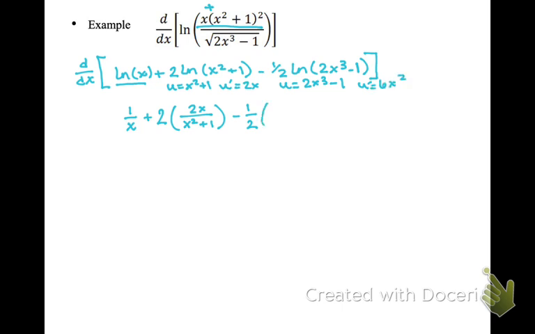So then 1/2 times, and then I simplify. So I would have 1 over x plus 4x over x squared plus 1, minus 3x squared over 2x cubed minus 1.